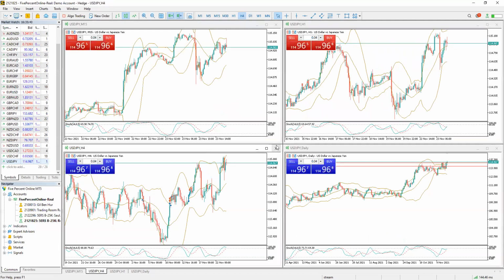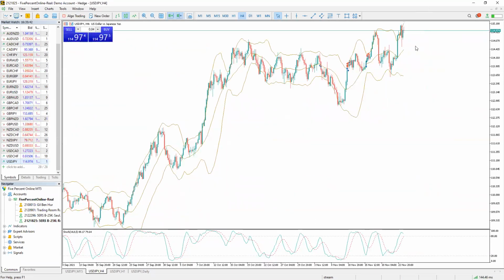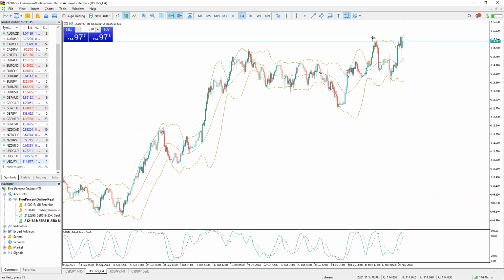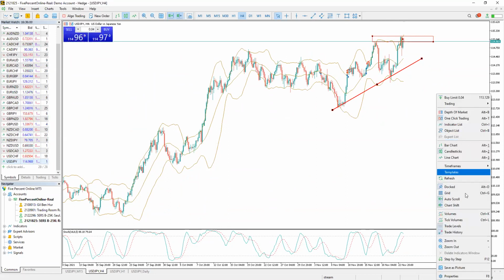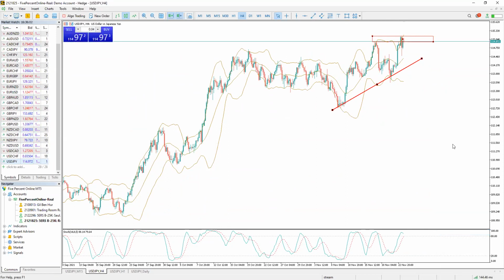If I go on the H4, the market is starting to slow down here, but still the trend is very bullish. So I believe you should be looking for a retracement to that demand, for example.